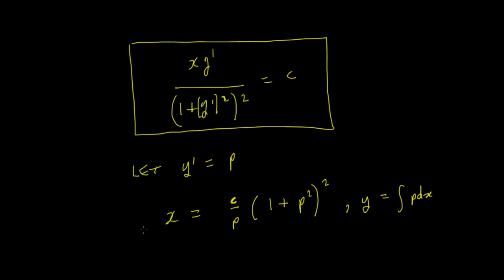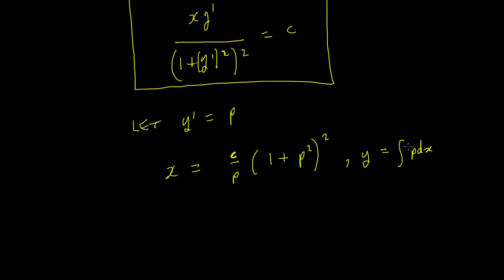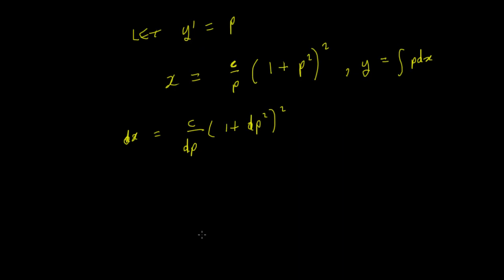So what we could do then, a little bit of jiggery pokery here in order to get this into the right format, is rewrite this as dx. dx would equal c upon dp, 1 plus dp squared, all squared. Then we can rewrite this equation here, and we can put this in for the dx.